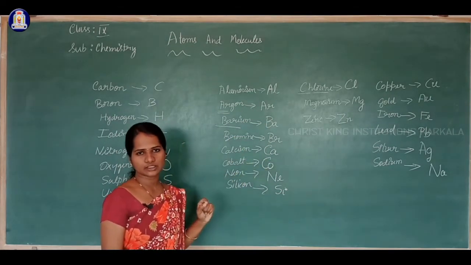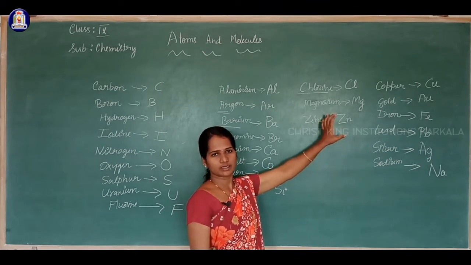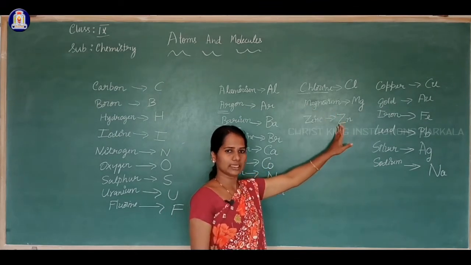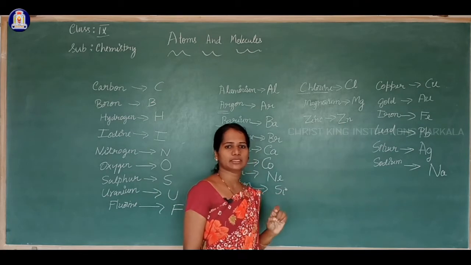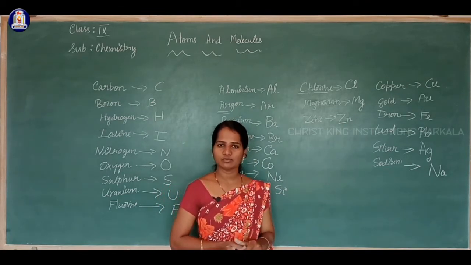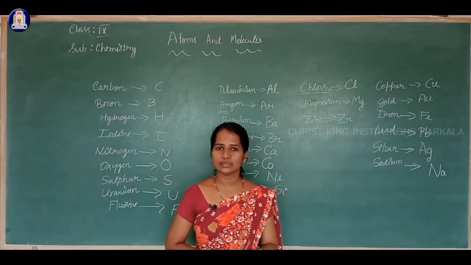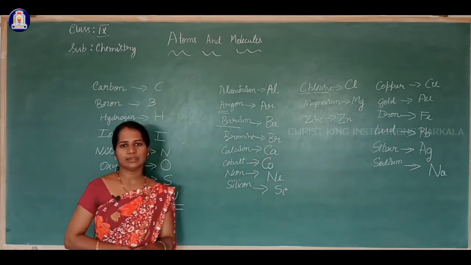In some cases we take the first letter and one more letter which is important in that word, and in some cases we use their Greek words or Latin words to represent the elements. So in this way we can represent atoms of different elements.